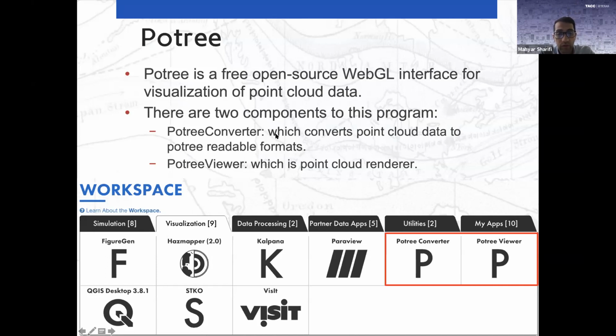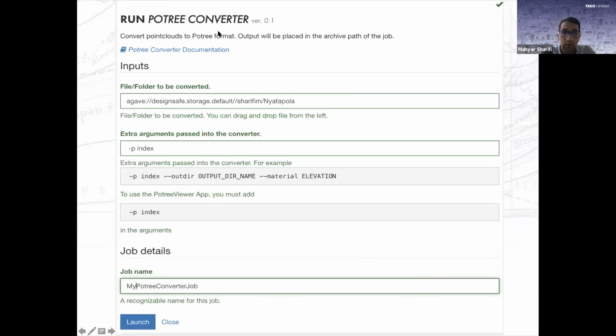The first component is Potree Converter, which converts the point cloud data into the Potree readable formats, and the Potree Viewer, which is essentially the renderer that visualizes the point cloud in the web browser. In DesignSafe, you will be able to find these applications under Workspace, under the Visualization tab, and for the Potree Converter, you will have to fill out the form and submit it to submit your job.